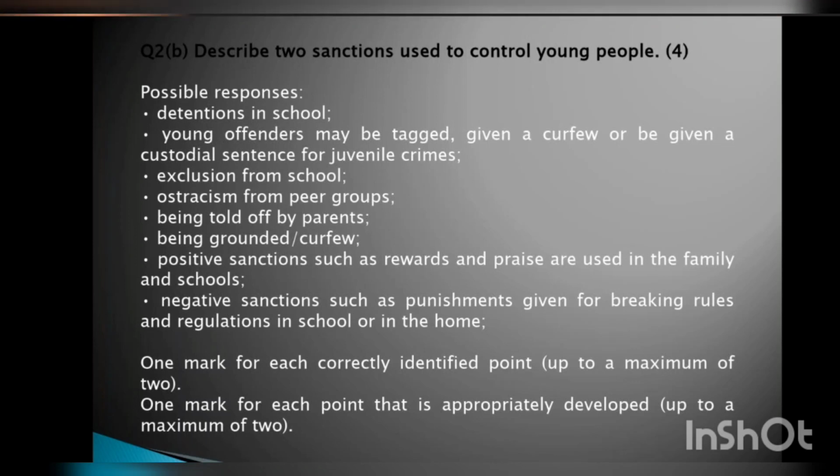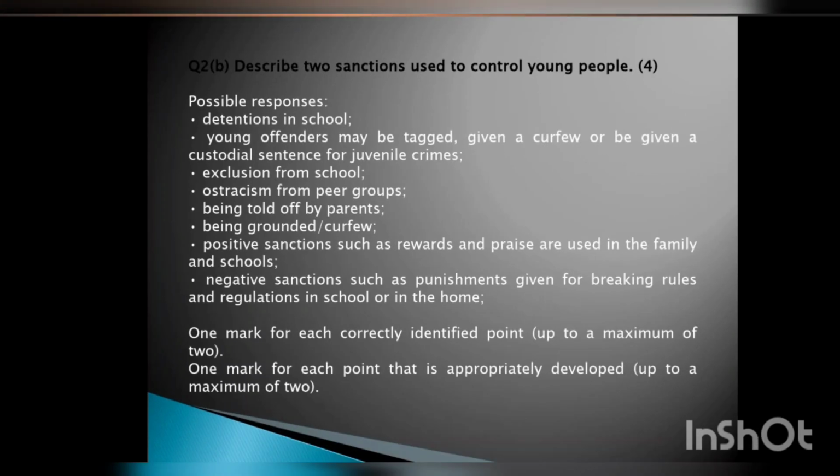You can write they can be punished if they have broken any rules or regulations in the school or in the house. Okay, so you can further write that they might be expelled from school, or at home, the parents might not be talking to their children. So something like this, in which you need to tell a reason and then give an example, you will be able to secure full marks.